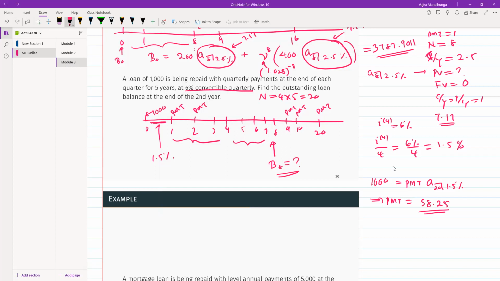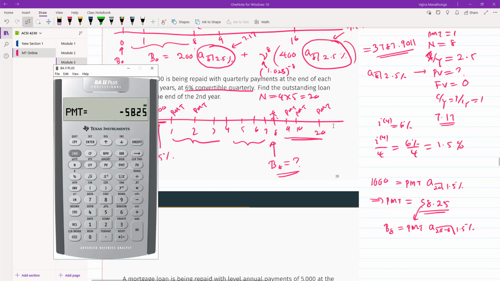Okay. So now I can use the prospective method to calculate the outstanding loan balance. So B8 is going to be payment times a of how many remaining payments? 20 minus 8. Under rate of 1.5. The payment now we know is 58.25. So let's use the calculator again. So I can set N to be 12 because it's already there.